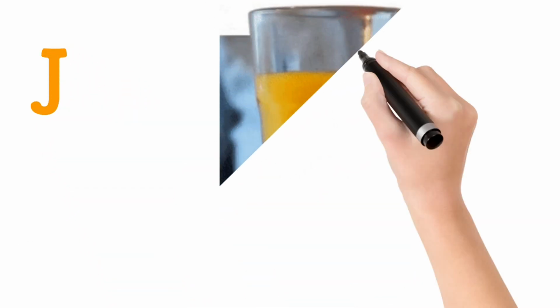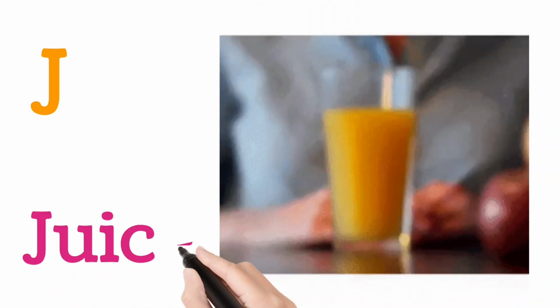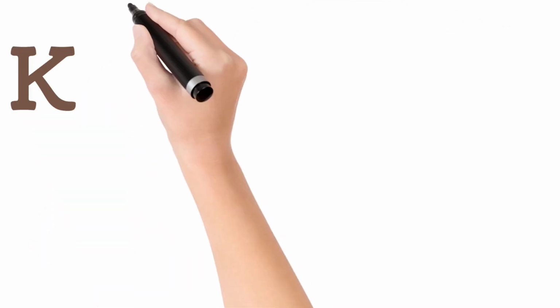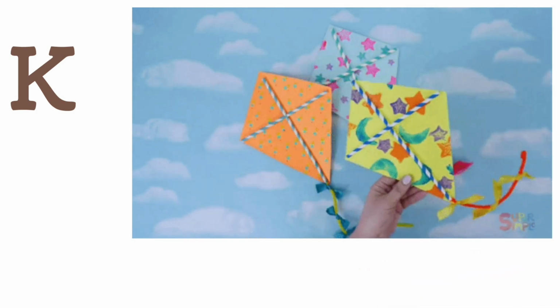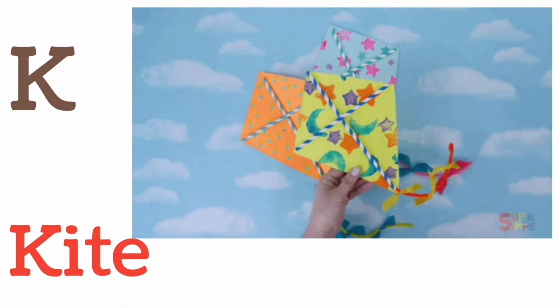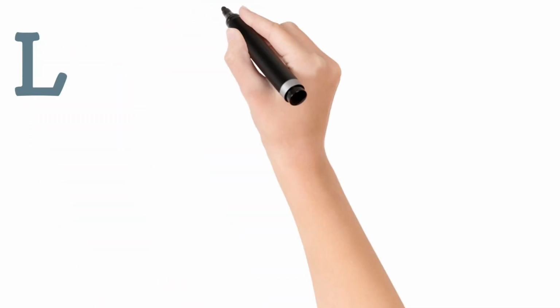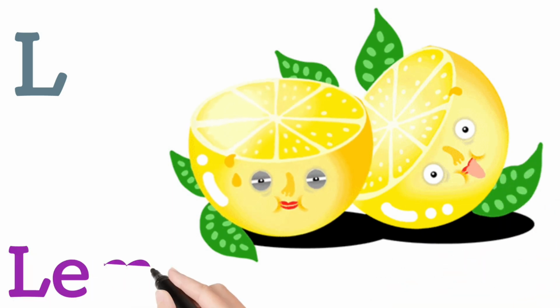J for juice. J for juice. K for kite. K for kite. L for lemon. L for lemon.